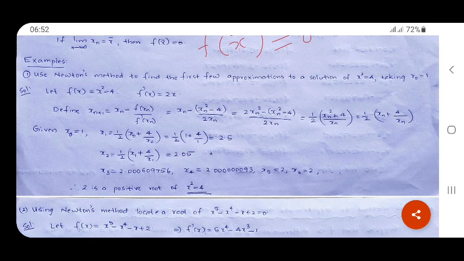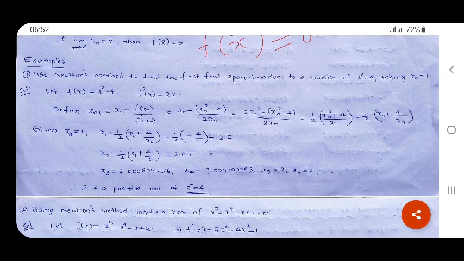So the equation to be considered is f of x is equal to 0. Given x square equal to 4, f of x is x square minus 4. So let f of x equal to x square minus 4. Then f dash of x is 2x. Define xn plus 1 is equal to xn minus f of xn divided by f dash of xn.